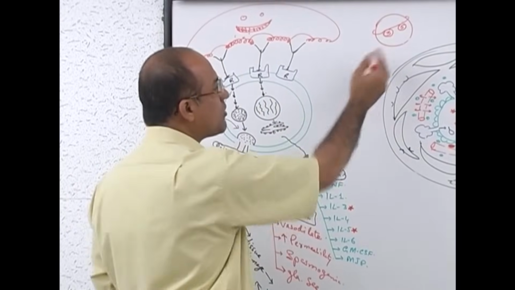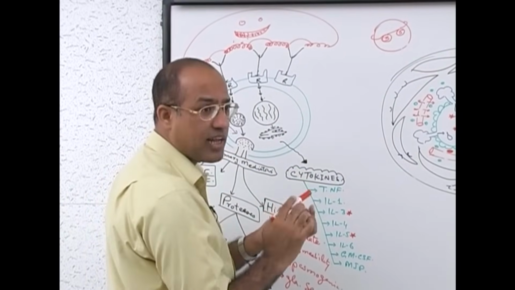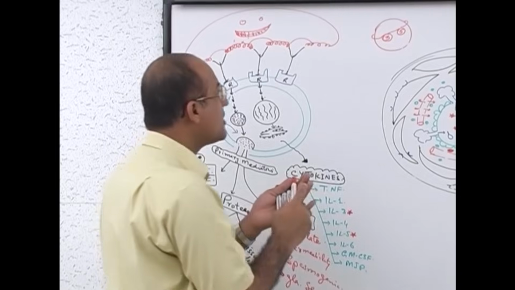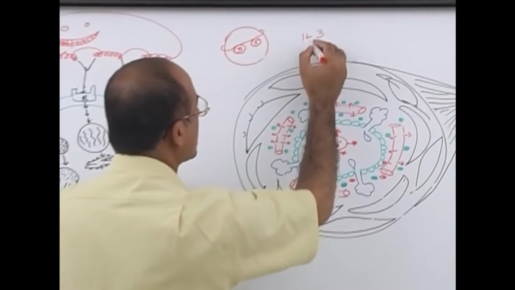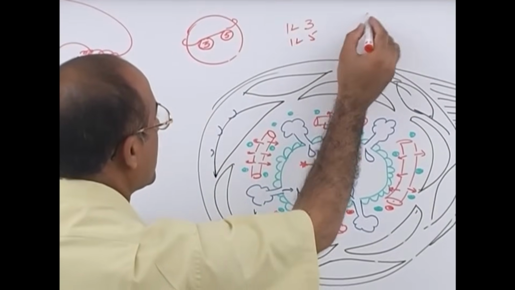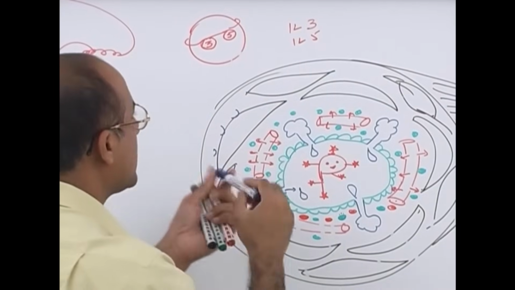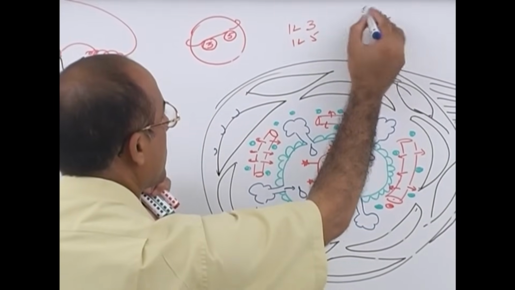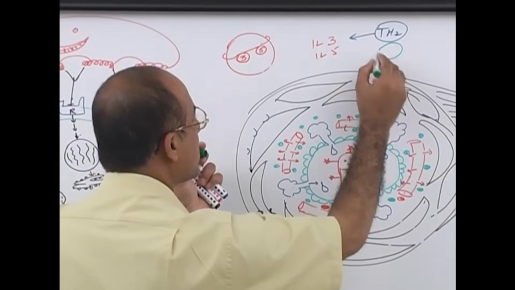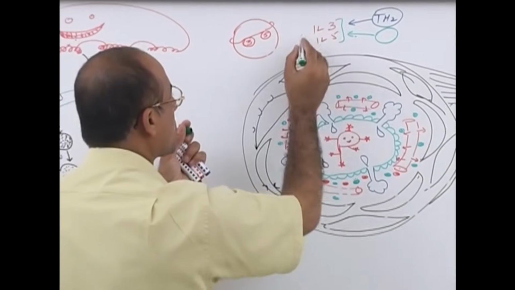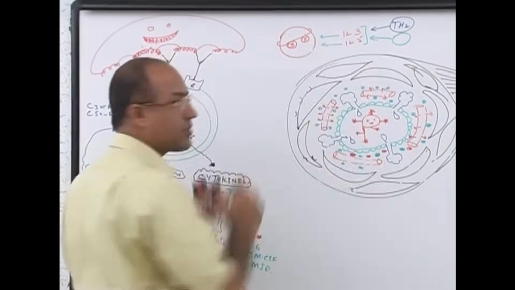They are attracted by interleukin 3 and interleukin 5. So interleukin 3 and 5 attract the eosinophil to the site of reaction, and they are produced by T helper 2, plus they are also produced by mast cells. So together they call eosinophils.